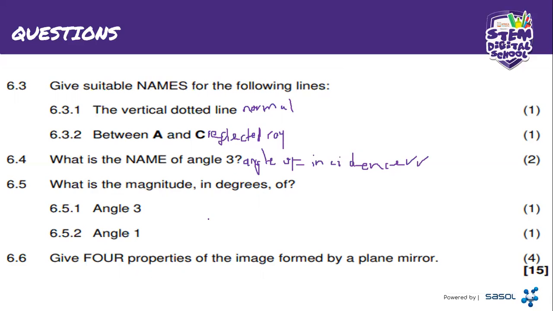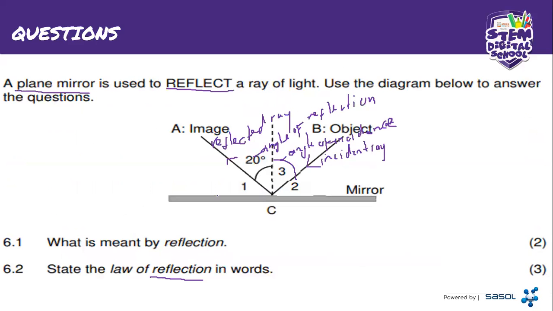Then, what is the magnitude in degrees? And I like this because people just give a number at times. The magnitude in degrees of angle 3. Remember, here I have reflection because the light ray hit a plane surface like a mirror, and it was reflected so that the angle of incidence is equal to the angle of reflection.